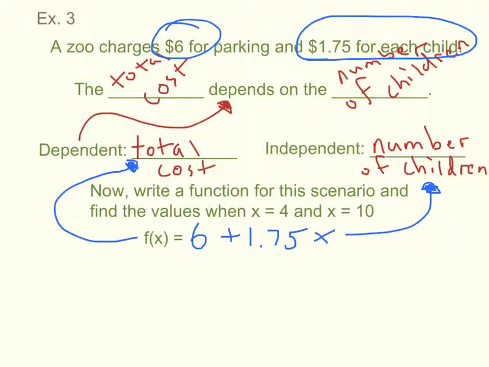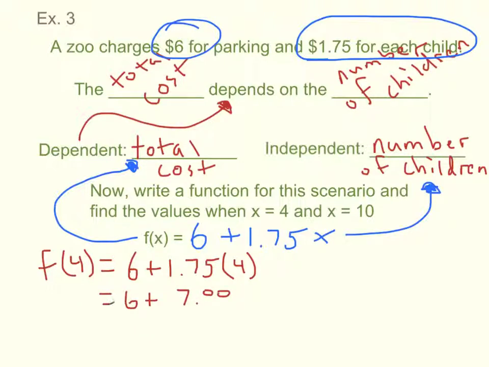So now I can go about solving this for the two different values. I can do f of 4. We know that's going to mean 6 plus 1.75 times 4. Well, 1.75 times 4 actually equals, what's that, $7?